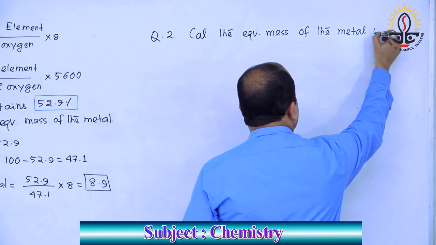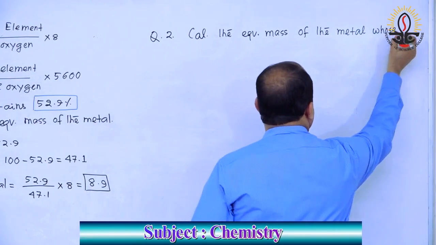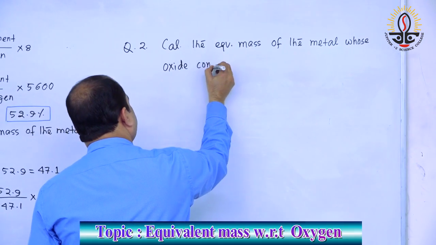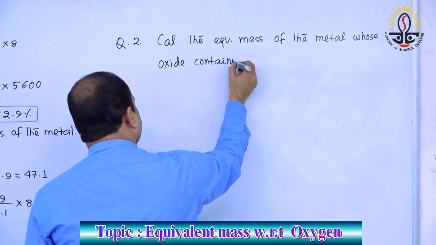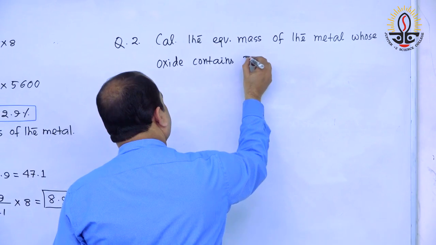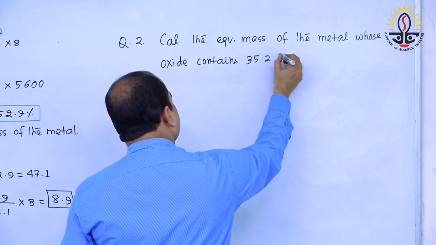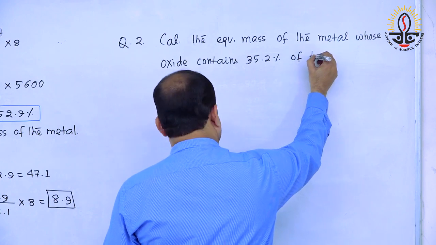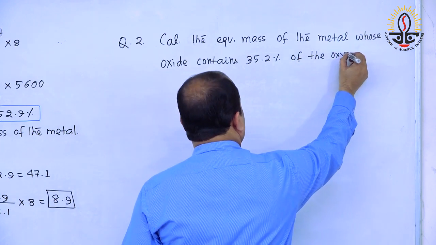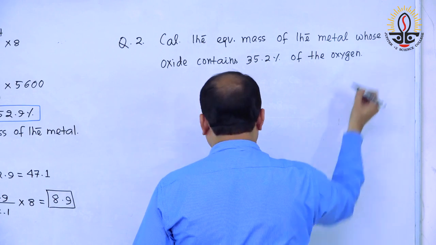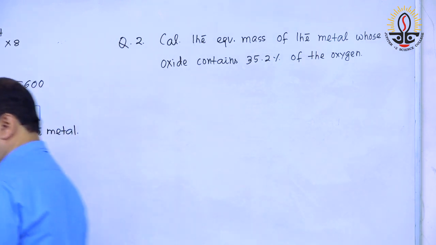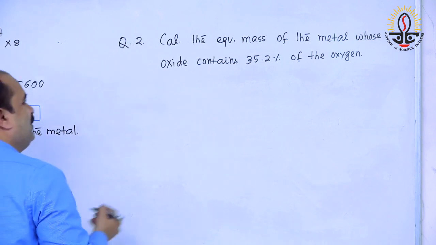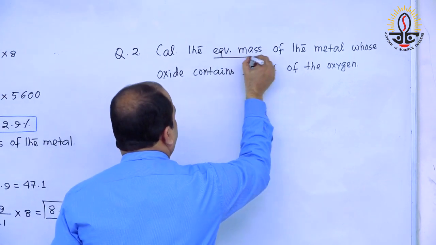whose oxide contains 35.2% of oxygen. We have to find out the equivalent mass of the metal.